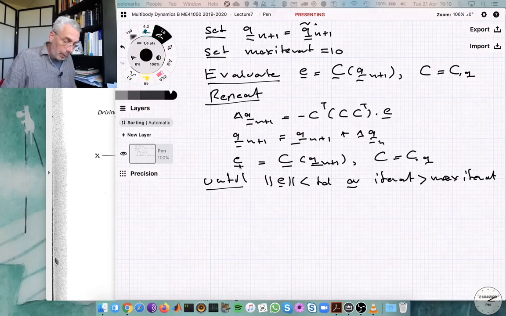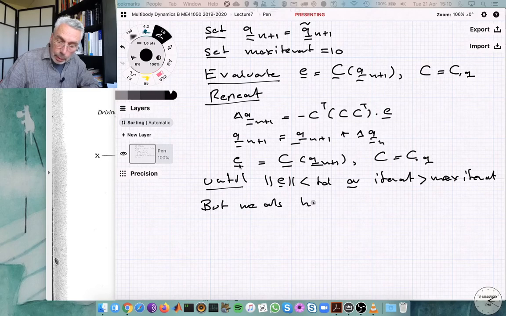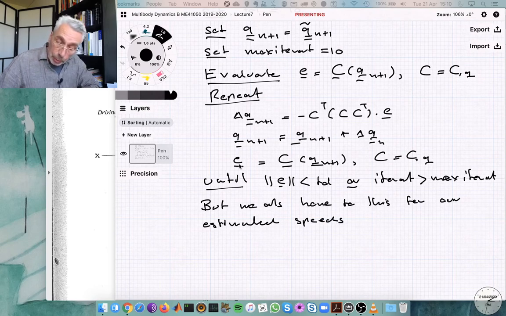Okay, so now I have new coordinates, but we also have to do this for our estimated speeds. Estimated speeds, because we not only have coordinates, but we also have speeds. So we have our q dot with a slur on top of it, n+1.